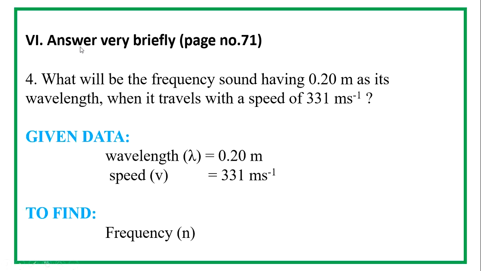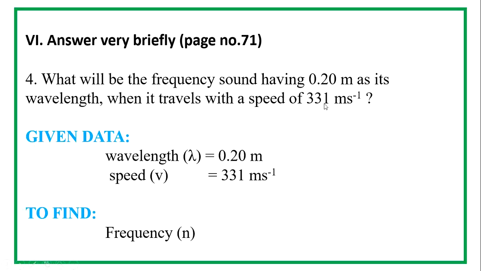Now 6th Roman, answer very briefly, page number 71, question number 4. What will be the frequency of sound having 0.20 meter as its wavelength when it travels with a speed of 331 m s minus 1? We have to find out the frequency. The wavelength is given as 0.20 meter.